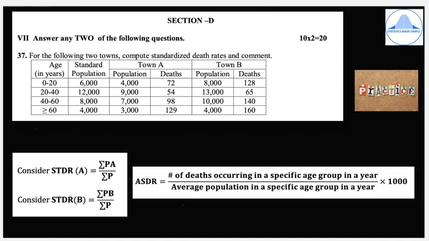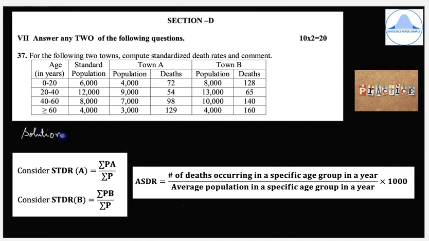Population values are 4,000, 9,000, 7,000, 3,000 and the deaths are 72, 54, 98, 129. For Town B, population values are 8,000, 13,000, 10,000, 4,000 and the deaths are 128, 65, 140, 160. So let us start with the solution.